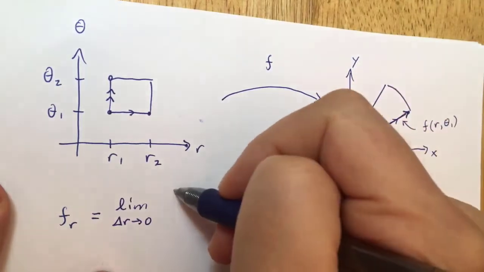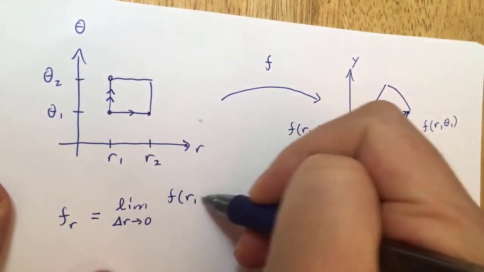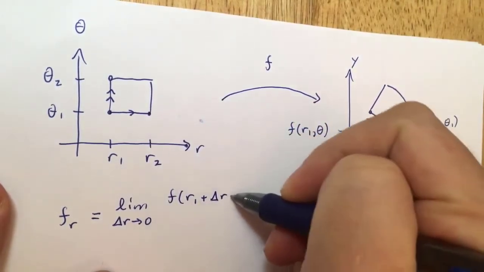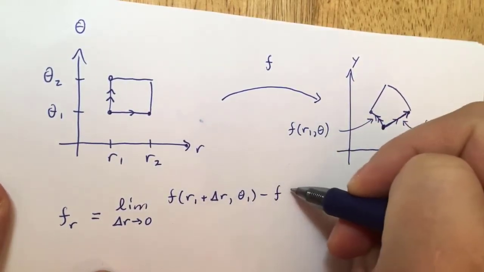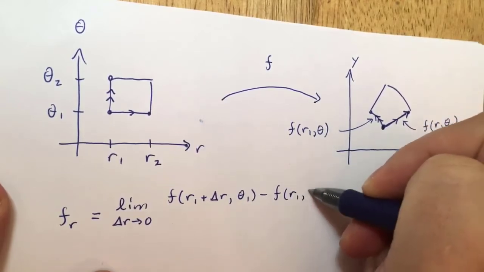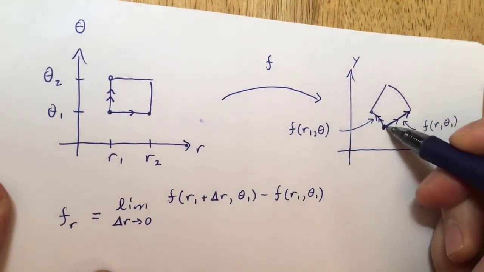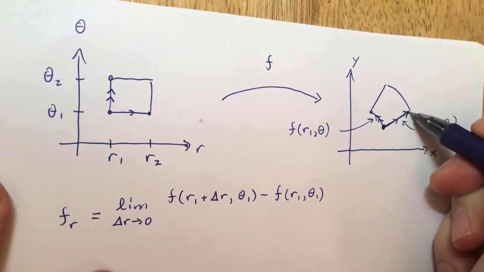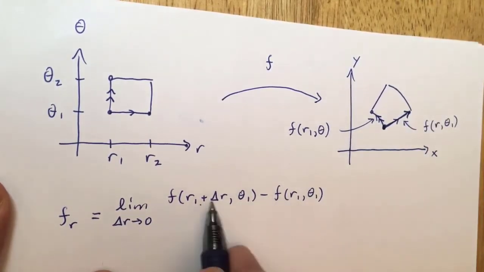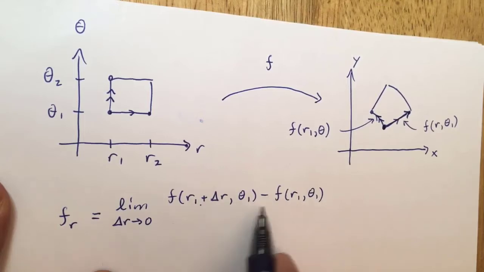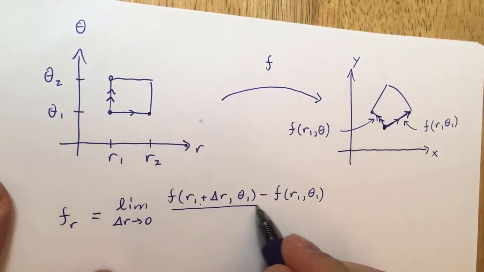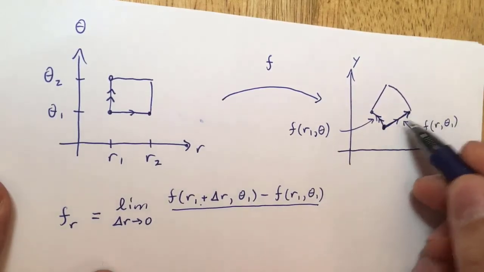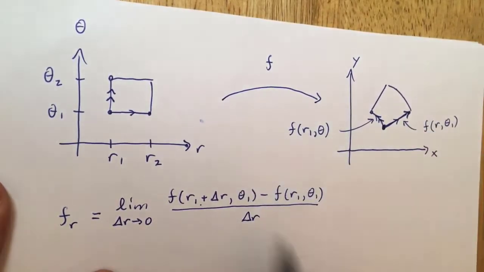So we're just going to add delta r to the r coordinate. And then we're going to look at the difference between that and where we started. So we started here, we changed r a little bit, and we ended up here. And this is the difference between those 2 points. So that's a vector. That's this vector. The derivative is what you get when you divide that by how much you changed by, so by the delta r. And then you take the limit as delta r goes to 0.